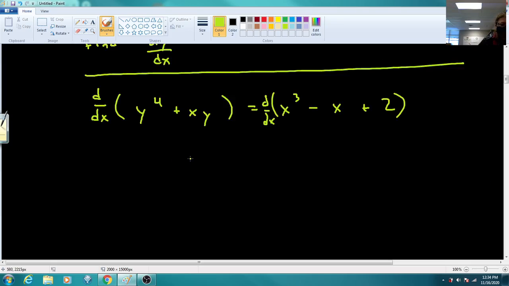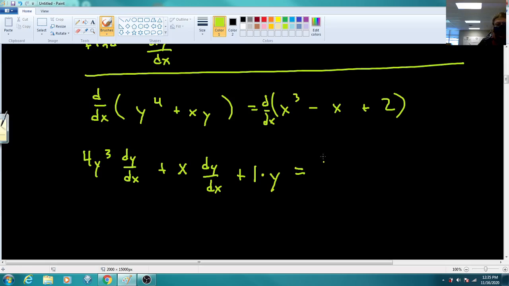So d dx of y to the 4th will be 4y cubed dy dx. When we want d dx of xy, the product rule applies. We leave x alone and take the derivative of y, which we write as dy dx, plus the derivative of x, leaving the y alone.